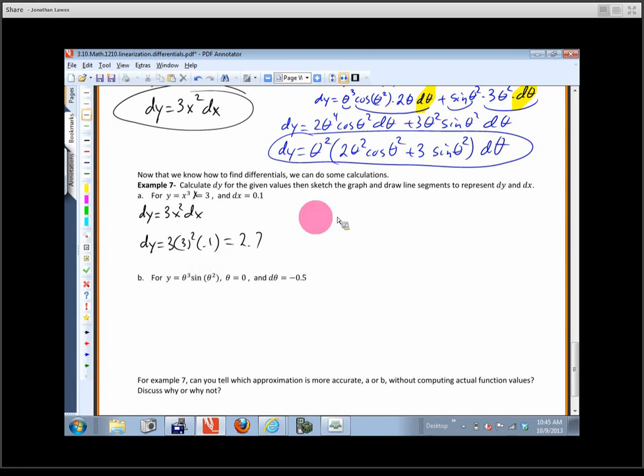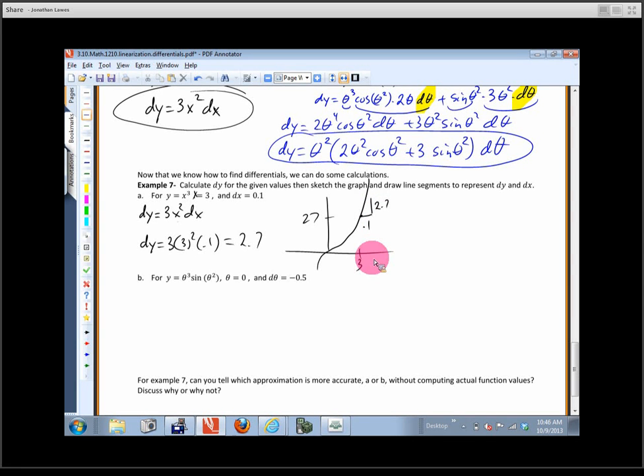Okay, now, on the curve, this is the cubing function, right? So I'm going to exaggerate this just a little bit. This point right here is 3. This function value is 27. What we're saying using the differential is, if you let the differential of x be 0.1, so if you let the actual difference in x be 0.1, then we can estimate the change in the function value as 2.7.